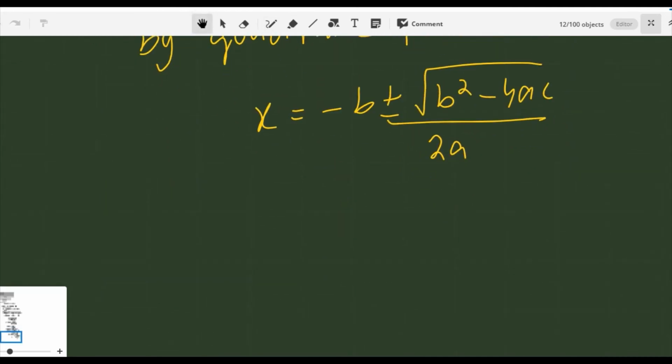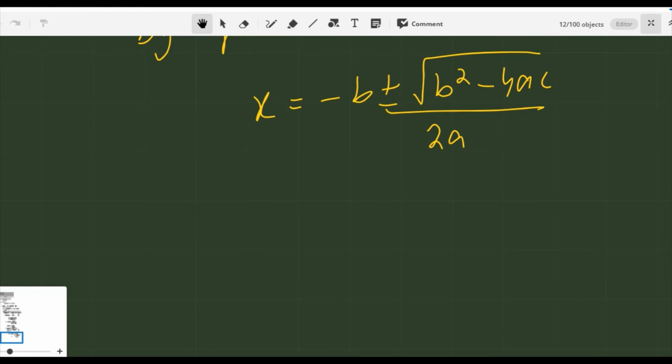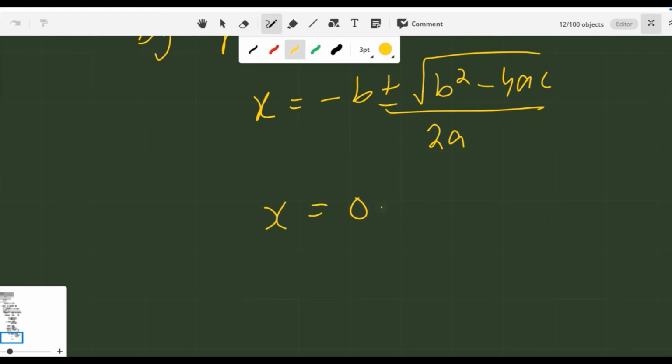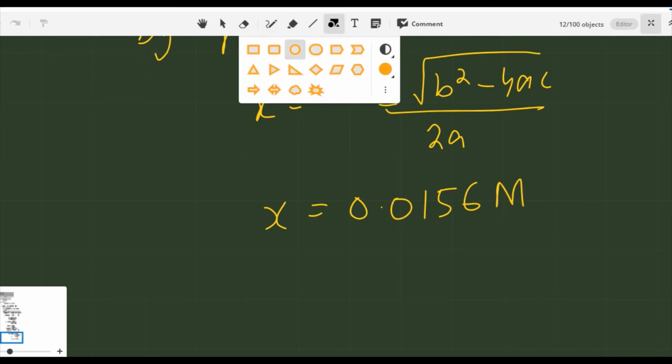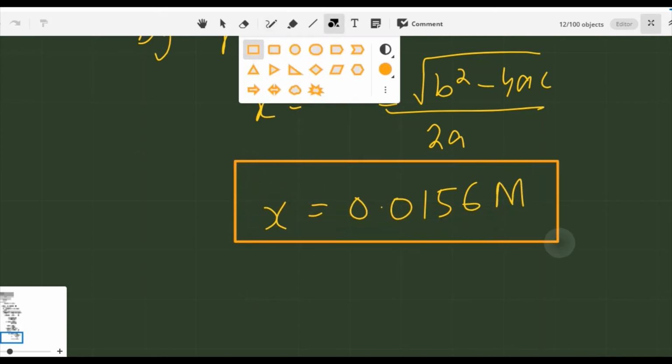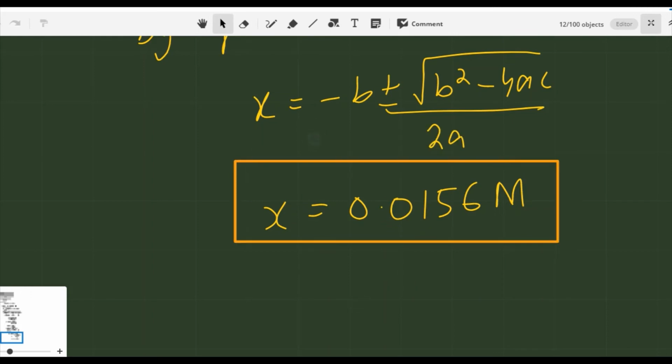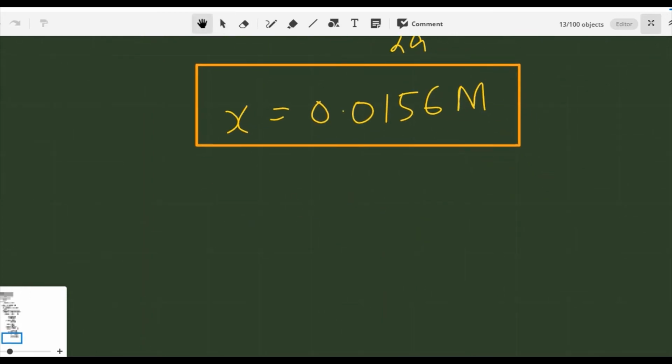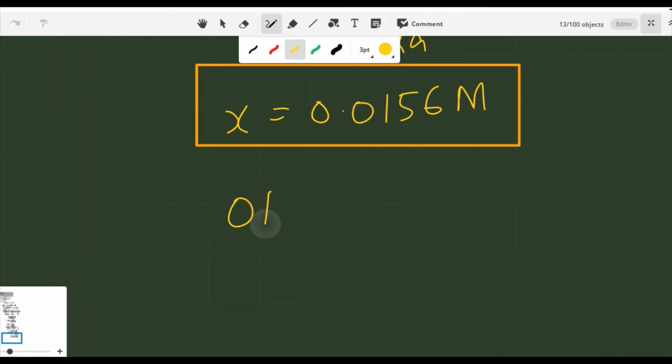By using that, x is equal to 0.0156 moles. Remember that this is actually for hydroxide ions. So you can write here the OH ions is equal to 0.0156.